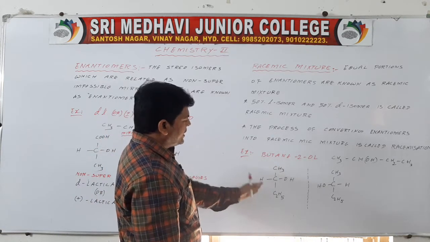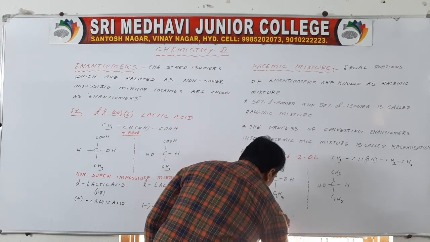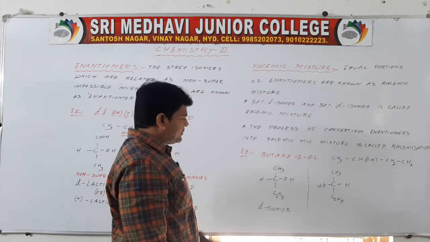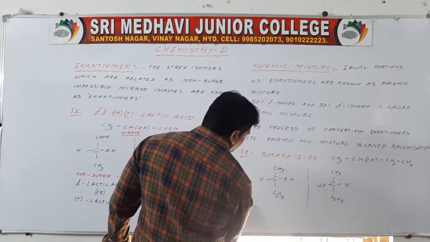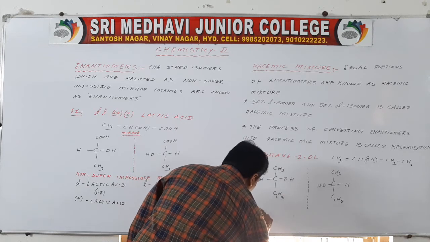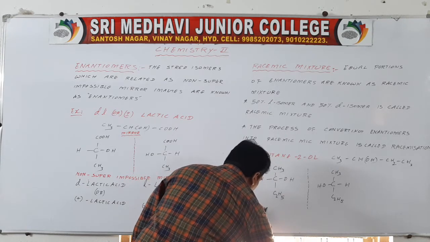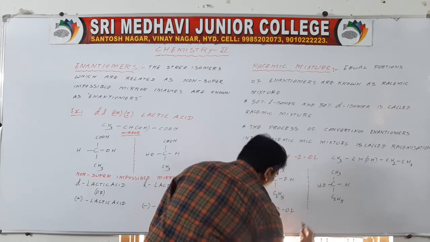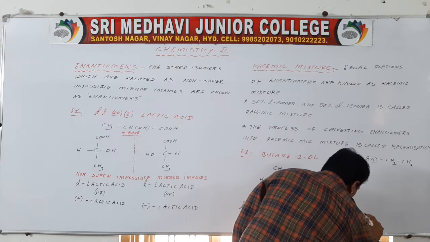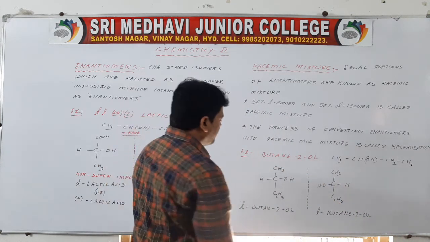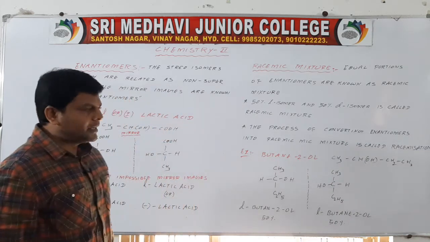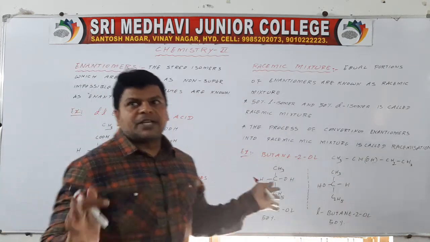Here H is on the left side, so it is the D isomer, D-butane-2-ol. This one is L-butane-2-ol. It is 50% each, so this is a racemic mixture.